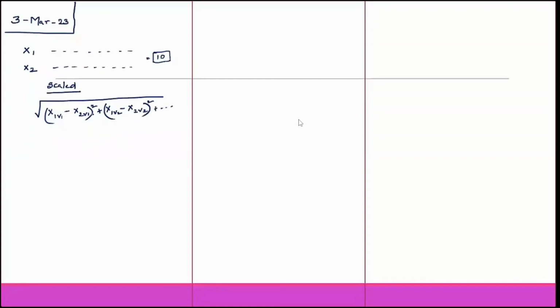After I did the normalization or scaling of all the variables, it might very well be possible that in the first variable itself, x1 is like 2 and x2 is like -1.